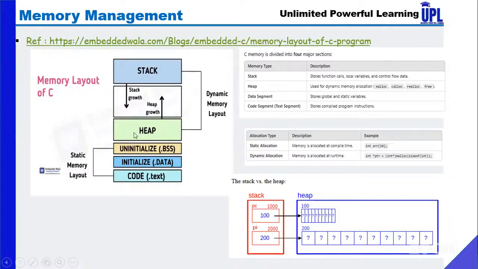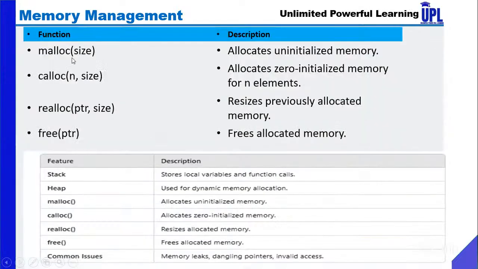When you are doing this in C programming, you have to explicitly tell how much memory size is required. To do that we have the concepts of malloc, calloc, realloc, and free. Malloc allocates uninitialized memory. Calloc initializes to the size, but also initializes to a 0 value.